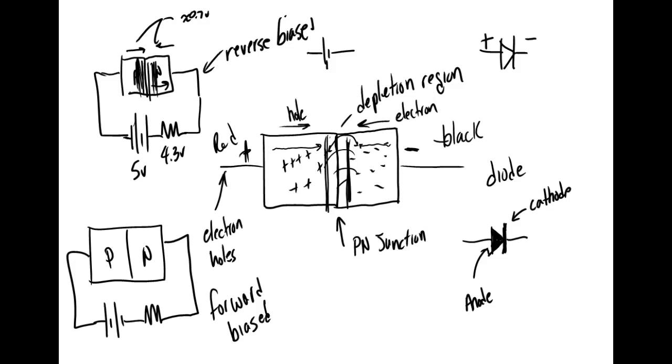This is the basics of a p-n junction. We have p-n junctions in SCRs, we have p-n junctions in triacs, we have p-n junctions in diacs, we have p-n junctions in JFETs, we have p-n junctions in transistors. So if we don't understand the p-n junction, and we don't understand forward bias and reverse bias, we got problems.